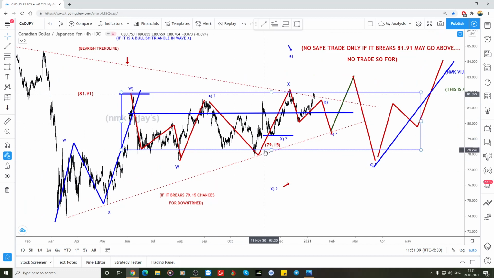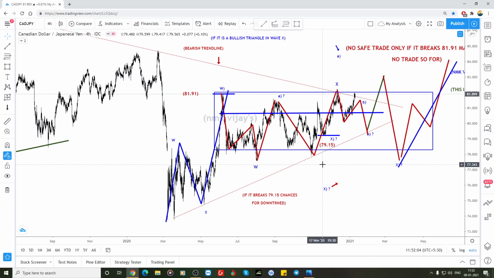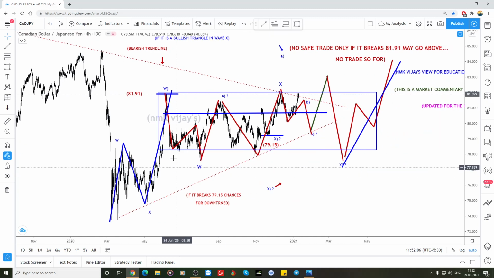So this is the B, or this could be again whatever it is doing. If it comes here, that is the B wave. In that case, this X will be here, A, B, and again C. After that, again it may drop. It's the X. So these are all making complex corrections.